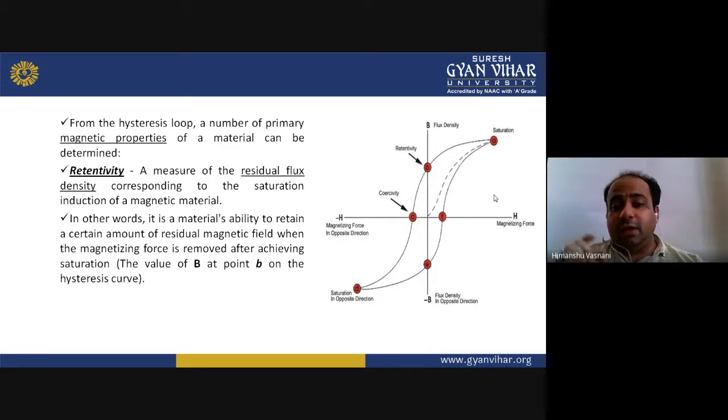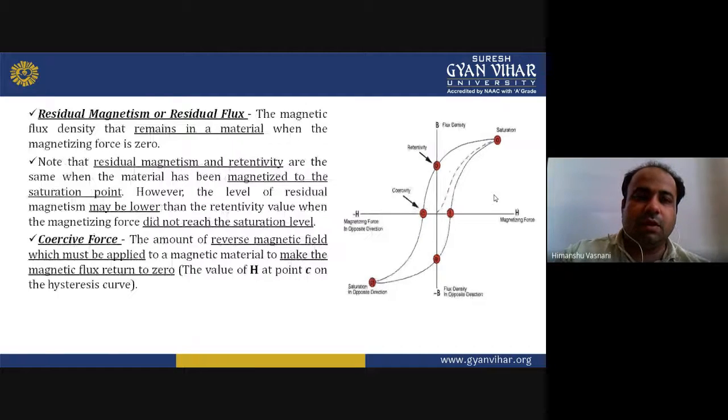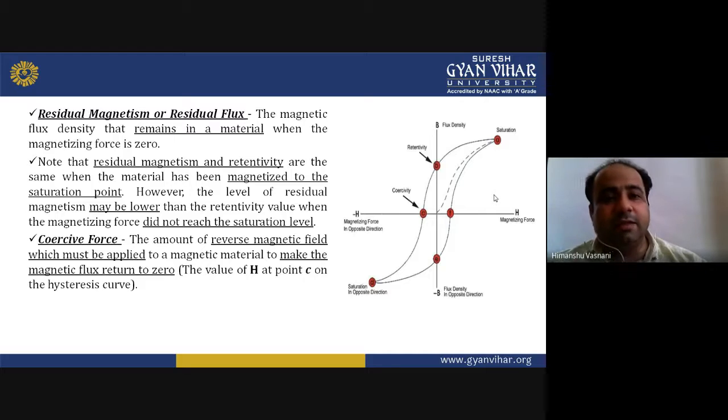Now here we are using a ferromagnetic material for studying this loop. Now, residual magnetism, or residual flux, is the magnetic flux density that remains in a material when the magnetizing force is zero. Note that the residual magnetism and retentivity are the same when the material has been magnetized to the saturation point.